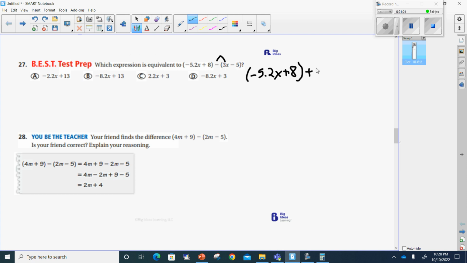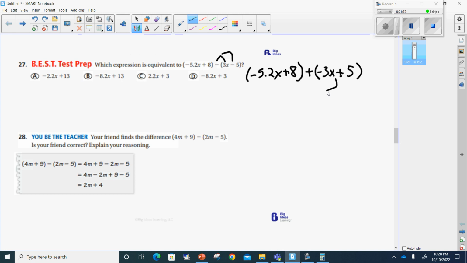This is going to become a negative 3x. And then a negative times a negative is a positive, so this would be a positive 5. Remember, they become the opposite sign.